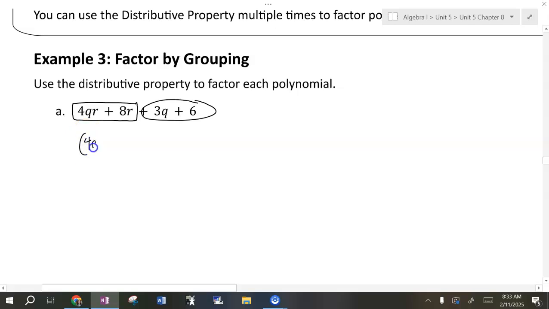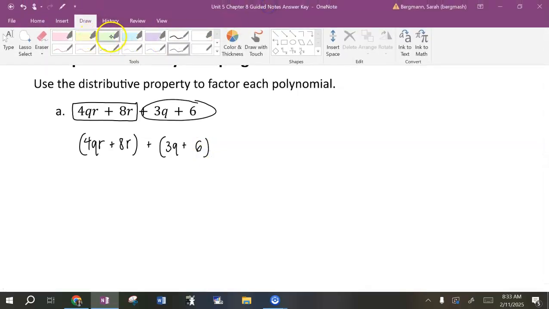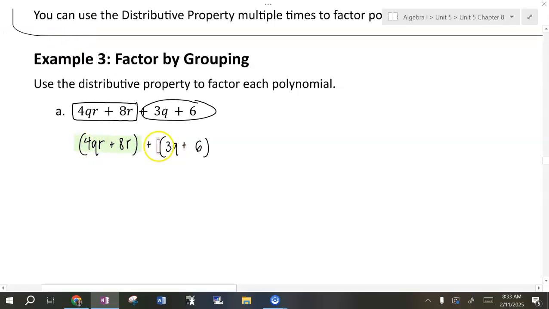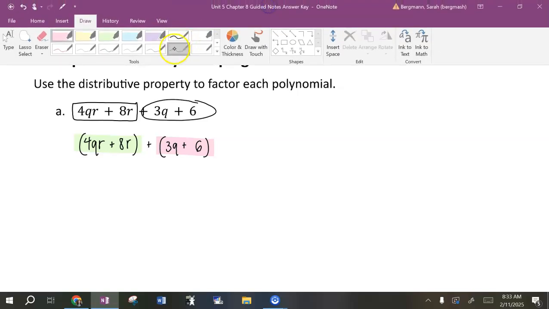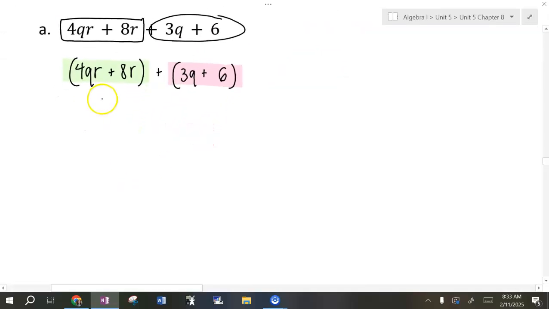You might not always get it correct on your first guess, but we'll go ahead and try it. To group them together, you'll use parentheses as your grouping symbol. I like to use colors with this, so I make one group one color, the other group a different color. In each group, take out the greatest common factor just like we did in the last lesson.